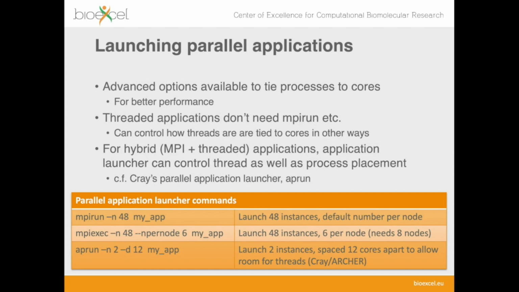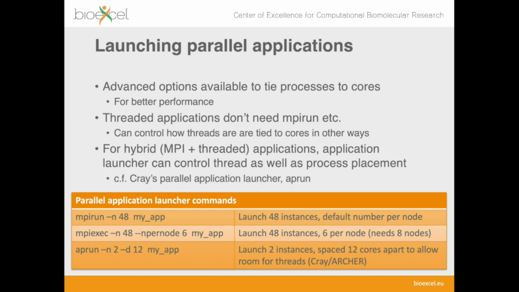What parallel application launchers also partly control is the way that the processes and threads are placed on cores, the way that they run on cores, and in a sense it ties them to stick to a particular core.